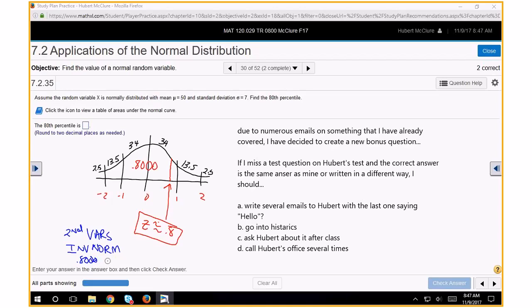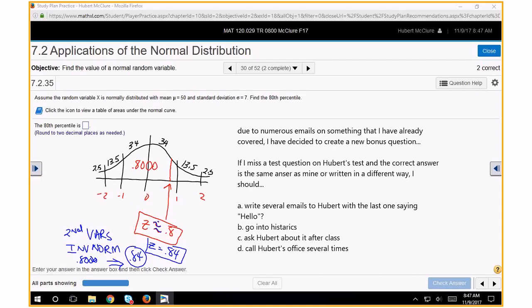And what does that come out to be? 0.84. So our z-score is equal to 0.84, and we estimated around 0.8, so we know that's about right.